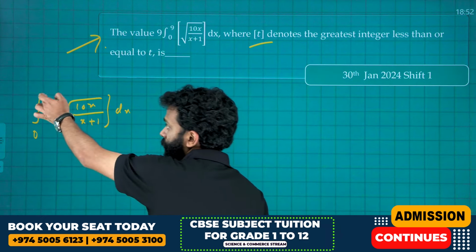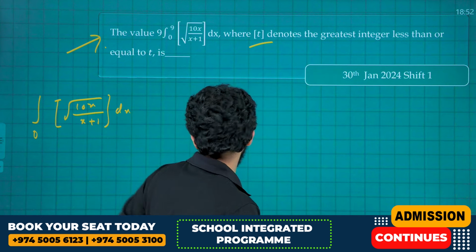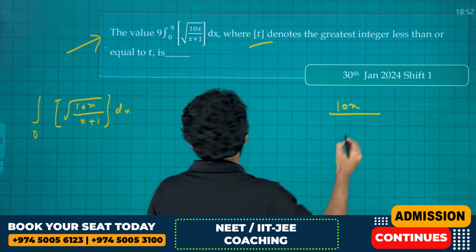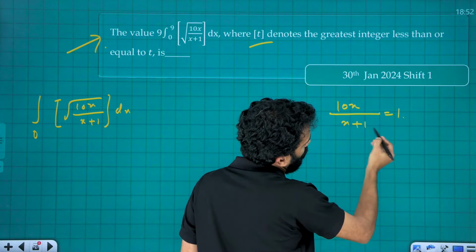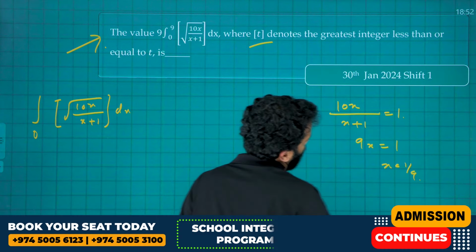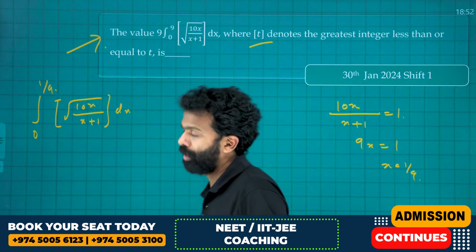Whatever is here, if you substitute it here, you should get what? 1. Therefore, just equate this to 1. You will get 10x by x plus 1 is equal to 1. Therefore, 9x is equal to 1. x is equal to what? 1 by 9. Therefore, first split is over. That is 1 by 9. Okay. Next one.